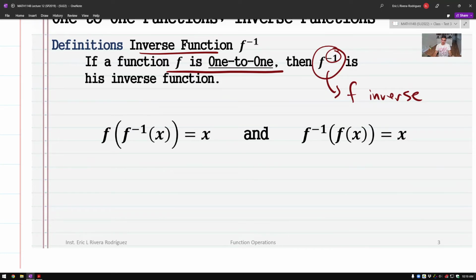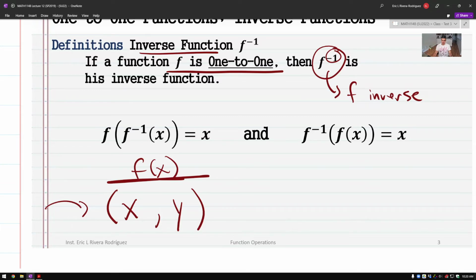What is important is, well, there are a few properties here, but an example of what an inverse function does. These are usually the coordinates of f of x. We know that we write the coordinates of each point in the plane as (x, y), right?